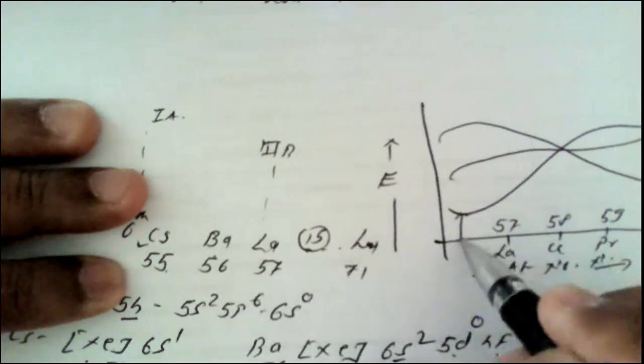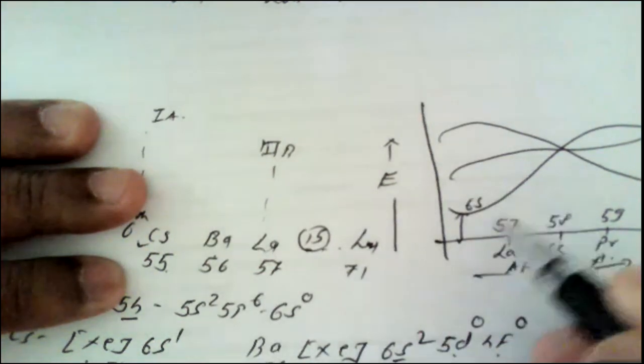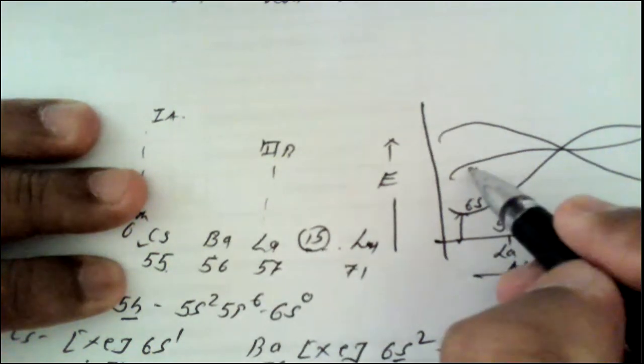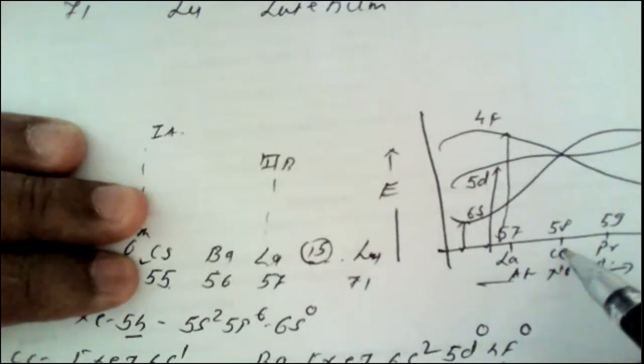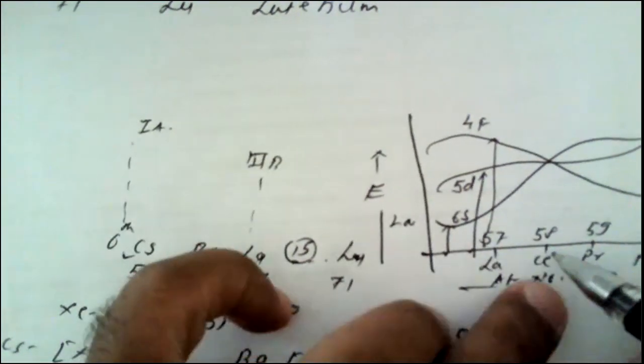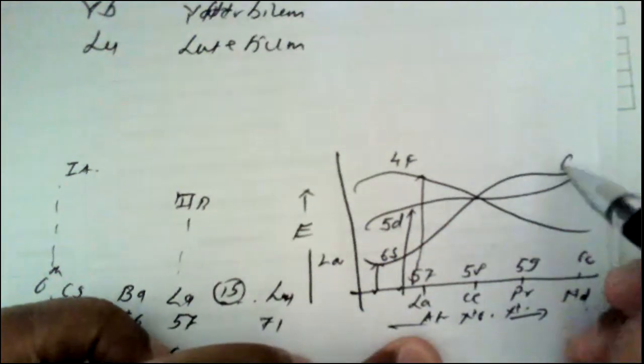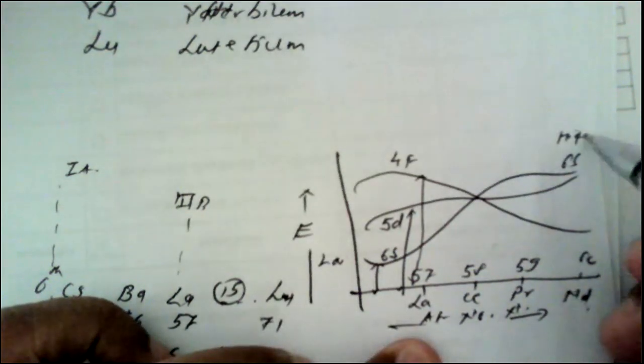Here it is seen that this energy level having low energy is known as 6s. The energy level next to 6s is 6d, which is a little bit higher than 6s, and the next highest energy level is 4f. This is the situation before atomic number 58. Before atomic number 58, 6s has low energy, but after atomic number 58 this energy level has high energy.